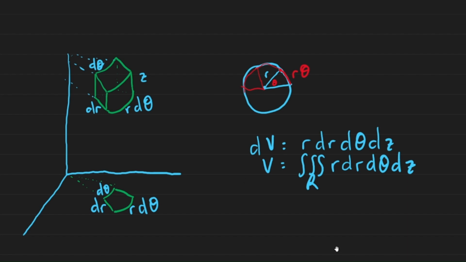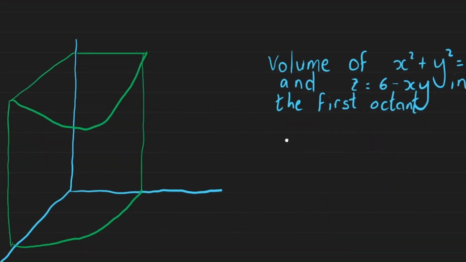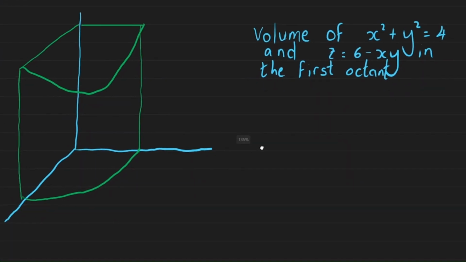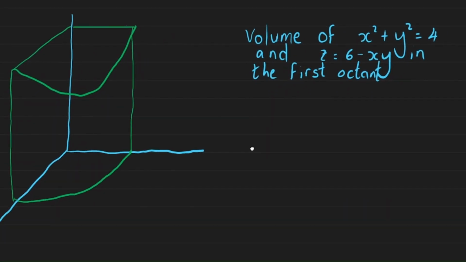We can illustrate this with a basic example, where we have some kind of plane figure here. This figure is basically the first octant. In the Cartesian plane, we would have 4 quadrants, 1, 2, 3, 4. In 3 space, we would have 8, and each one is called an octant.